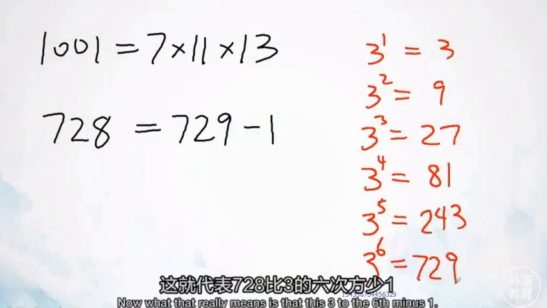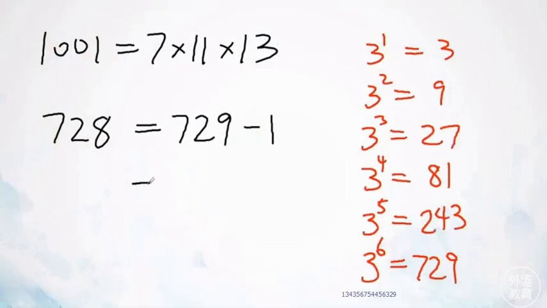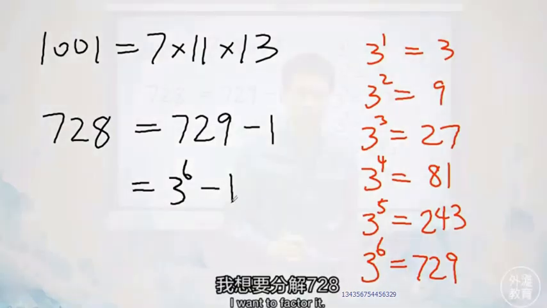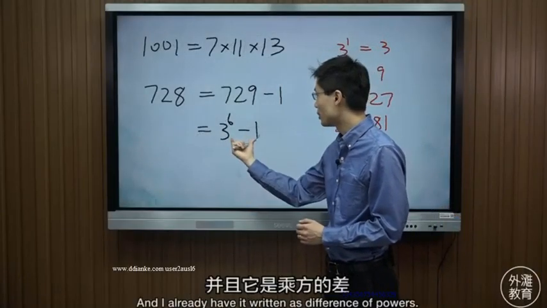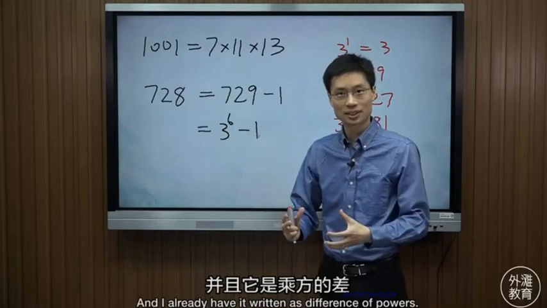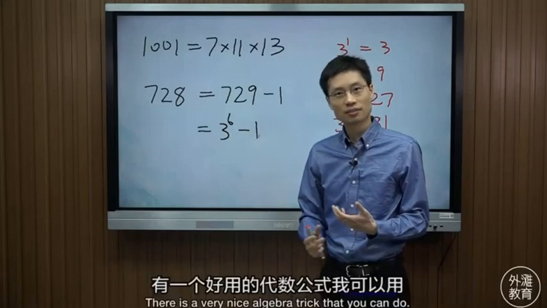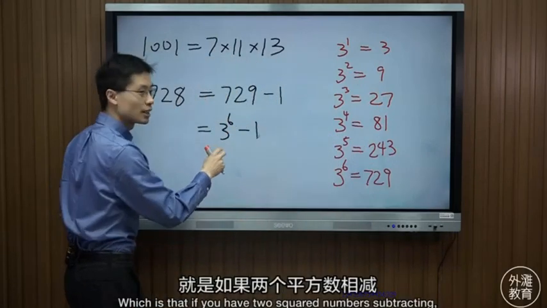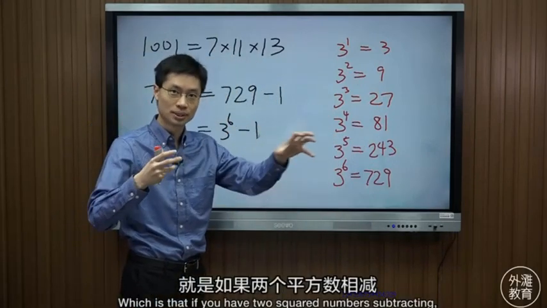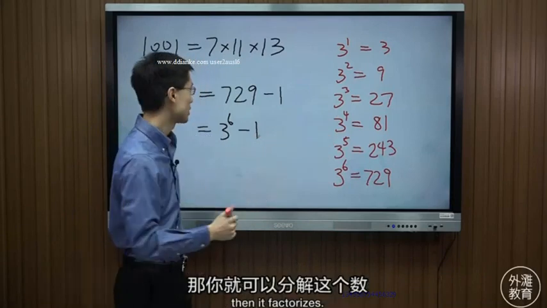Now, what that really means is that this is 3 to the 6th minus 1. If I want to factor a number, and I already have it written as a difference of powers, there's a very nice algebra trick that you can use, which is that if you have 2 square numbers subtracted, then it factorizes.